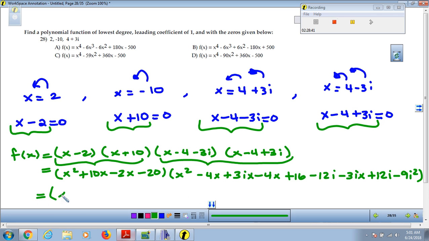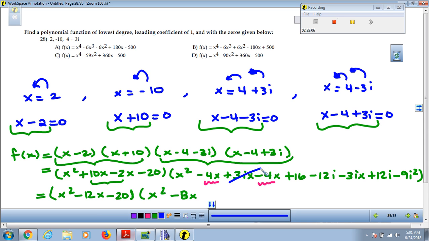Then we simplify. We combine these two like terms, so -12x, I just bring down the -20. Let's see what things we can combine over here. So -4x can be combined with this -4x to make a -8x, right?